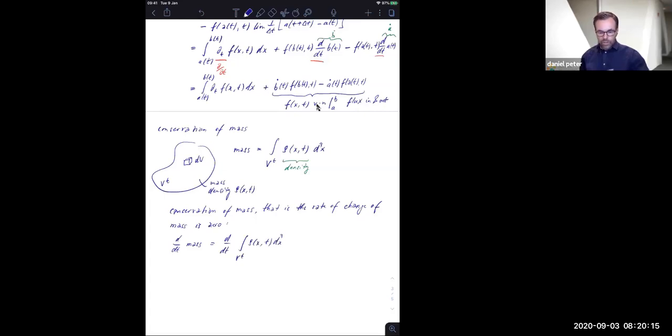That has to be conserved, which means it has to be 0. Good, and this quantity, that's the physics basically. The physical law.